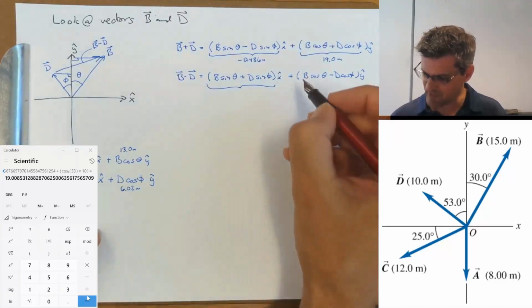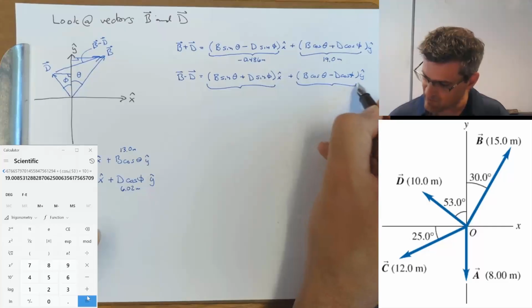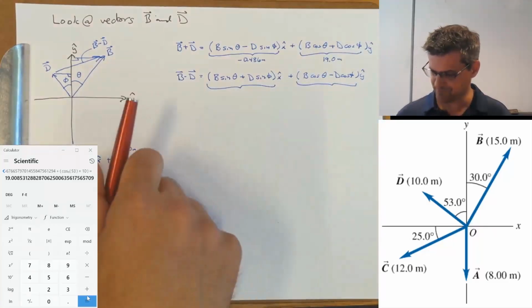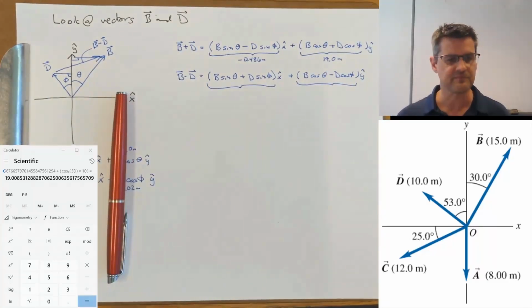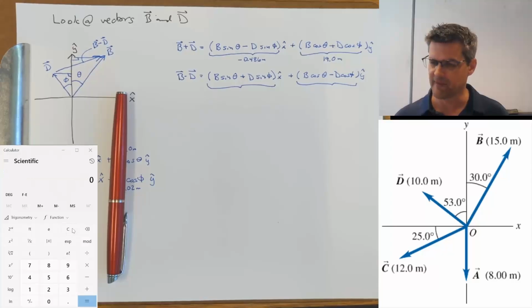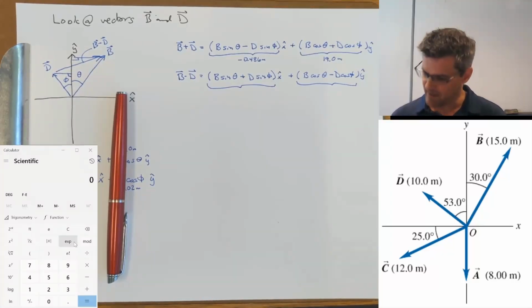So what's this magnitude? Let's clear everything and take a look. So theta is 30.